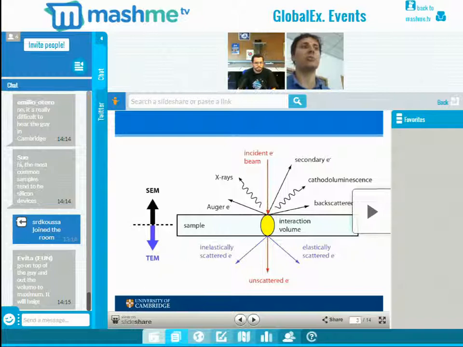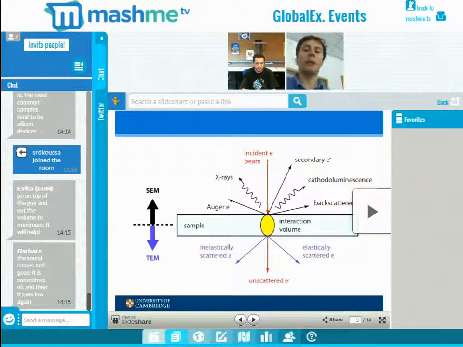Imagine the electron of the beam hits an atom in the sample, then in the electron orbits you can kick out one of the electrons associated with an atom in the sample, and these are the secondary electrons you then detect, for example, in the in-lens detector I showed you previously.